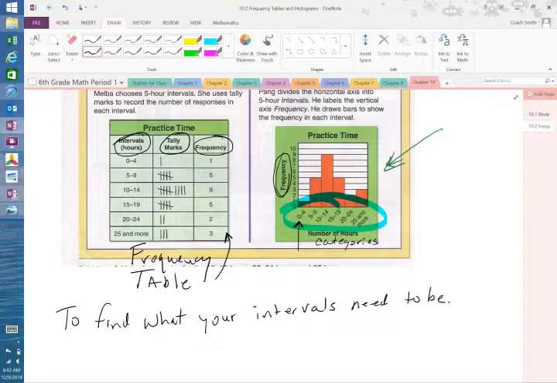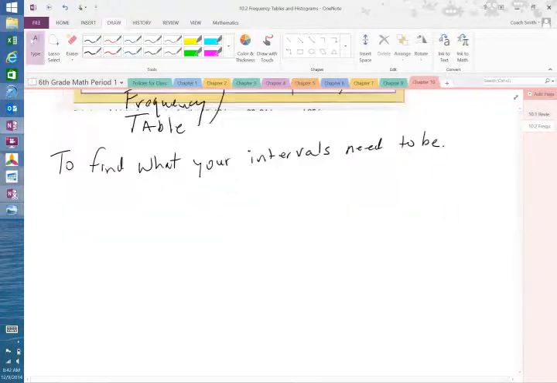Now, when you're looking for frequencies and intervals, the intervals are the hardest part because of the amount of information that you're trying to process. I'll give you some numbers here.